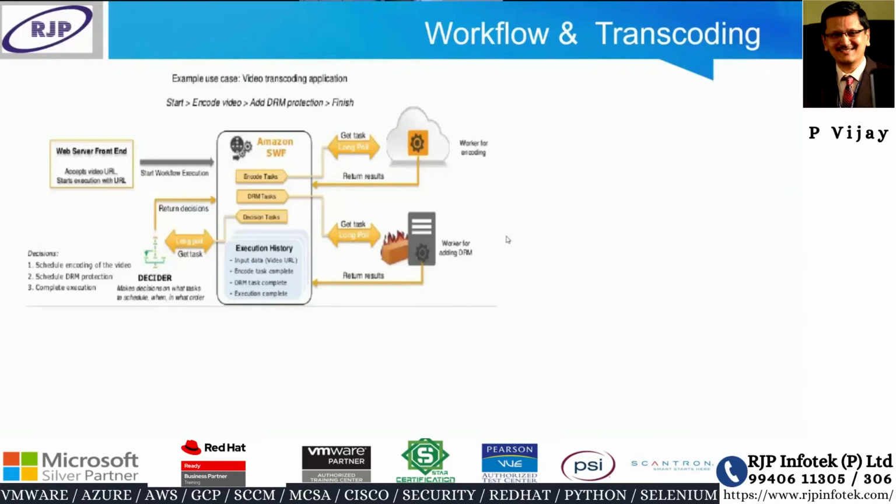I need to have my IP, the digital rights, sealed on these videos and then released. I can take the help of Simple Workflow Service and tell it, hey, use the transcoder to create multiple video formats. Use the built-in DRM modules to do the digital signature part. And then once it is ready, release it on all these platforms. All can be done.